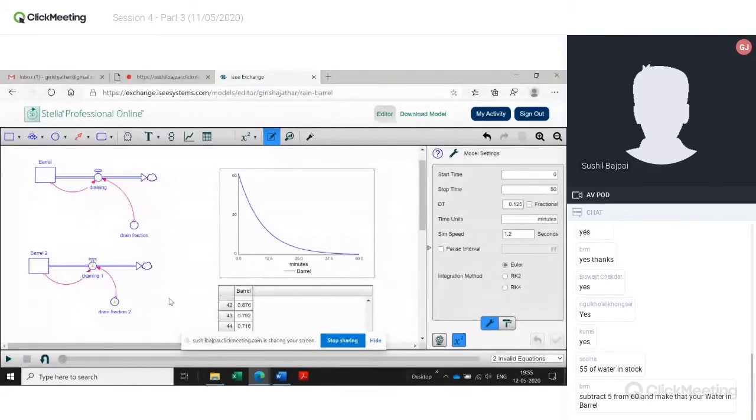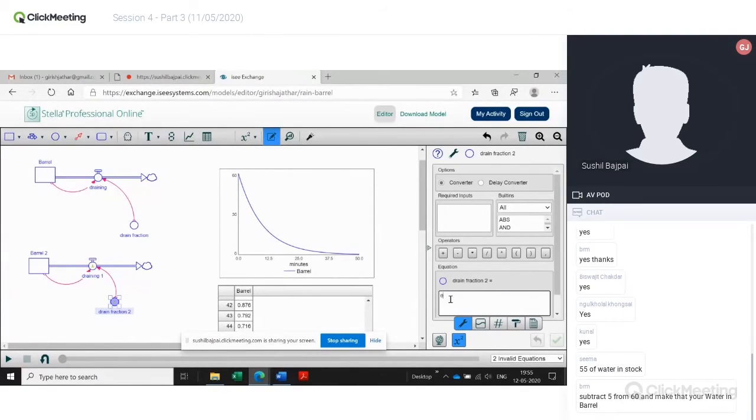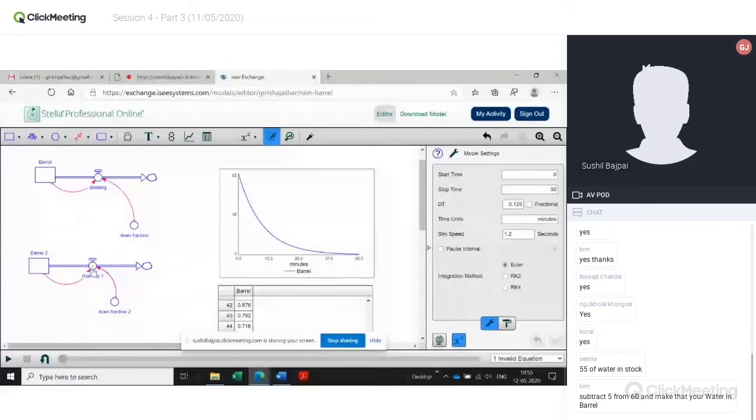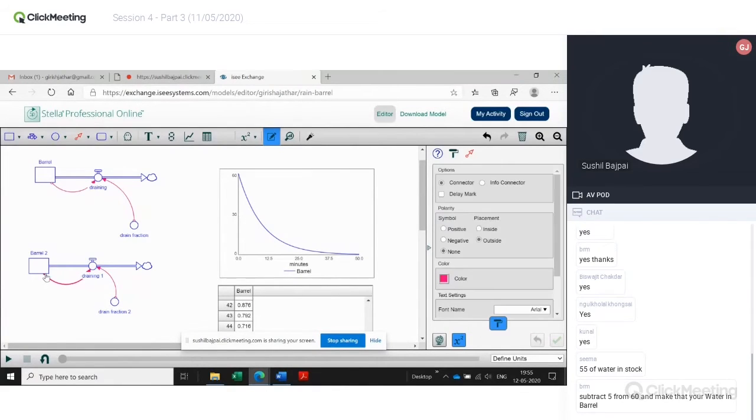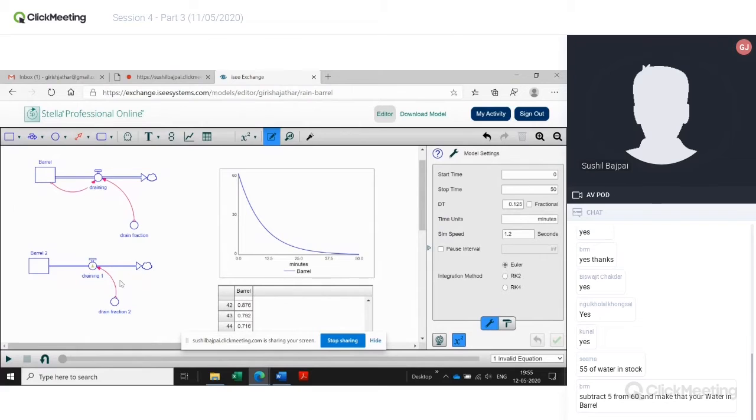So drain fraction is like it was earlier, 0.1, because the size of the hole is same. So drain fraction 2 is 1. And now we break this connector from here, and what I suggest is put another converter here.